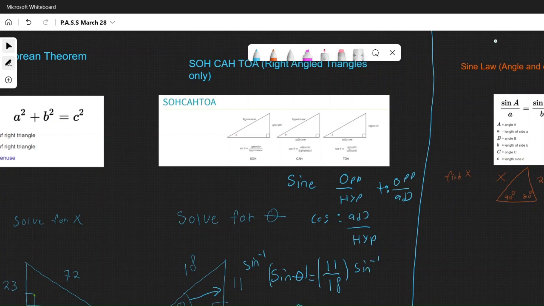And that will give you theta equals 37.67 degrees approximately.